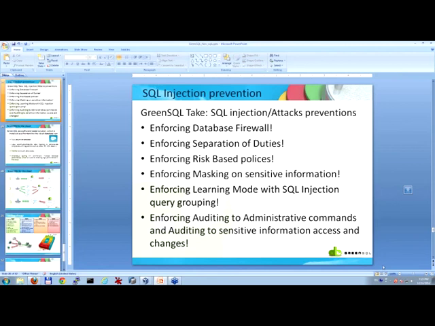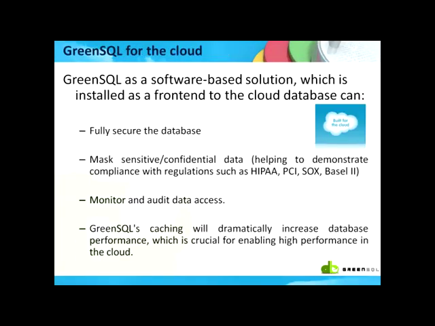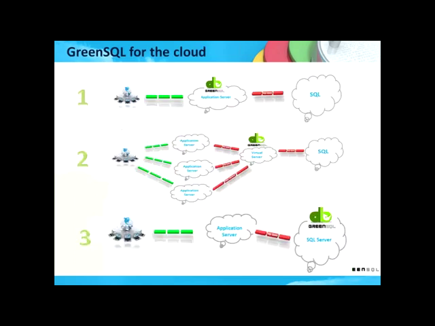If someone even tried to retrieve information from your database, you'll be in control. More than 30% of our thousands of customers use GreenSQL on the cloud, which means that even if you use a service like Amazon or Microsoft Azure or Microsoft SQL Azure, you're able to use GreenSQL in order to secure your database access, even if you use a cloud infrastructure.